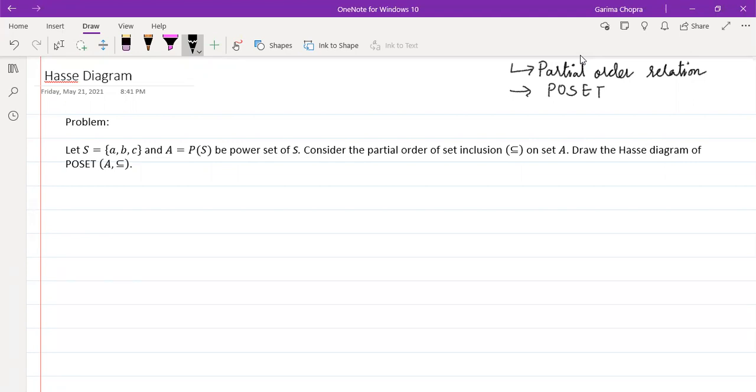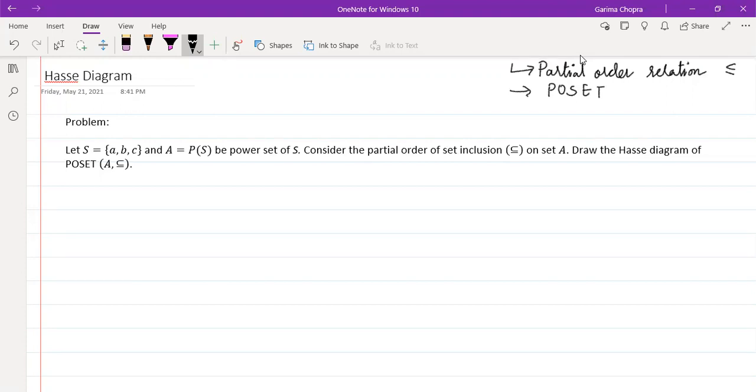So any relation defined on set A, which is reflexive, antisymmetric, and transitive, is known as partial order relation. Generally, for the partial order relation, we use the notation of less than equal to. It doesn't mean that we are saying that any element A of set A is related to the element B if A is less than equal to B. It's not like this. It's just a notation. It depends on the way the relation has been defined on a particular set.